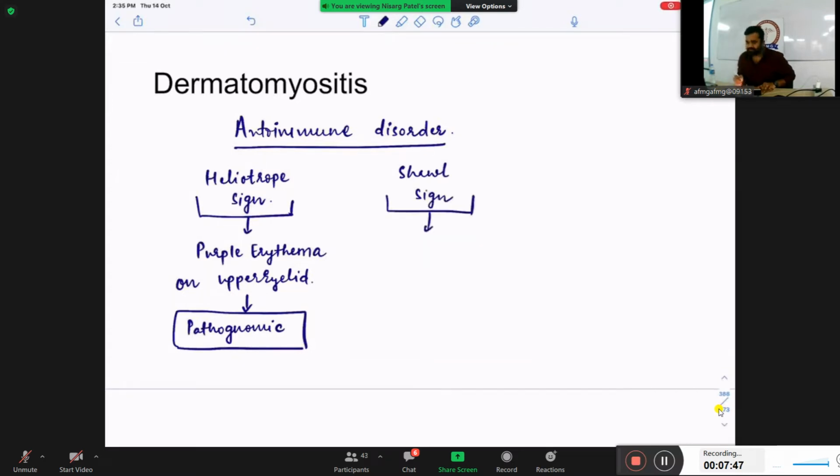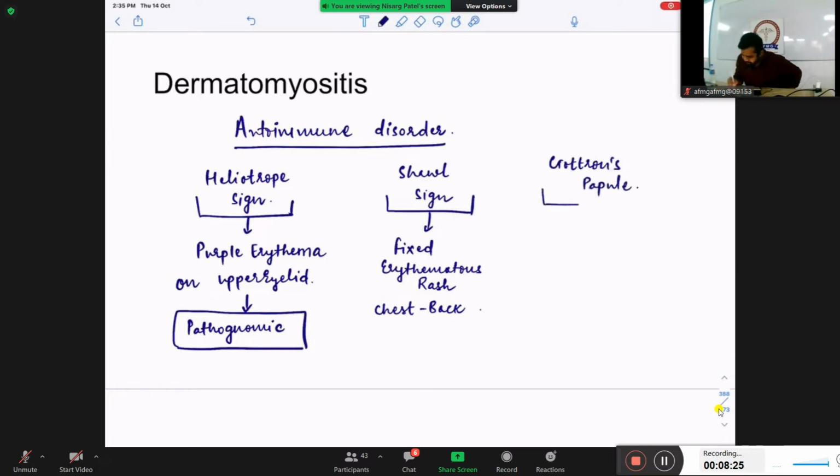Second sign is the shawl sign. So what will you see? A fixed erythematous rash on the chest and the upper back. Third is Gottron's papules.